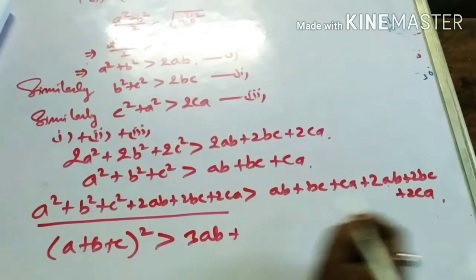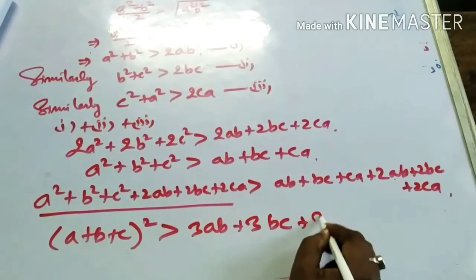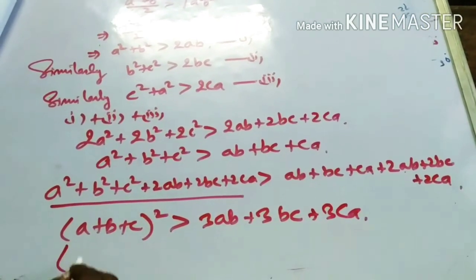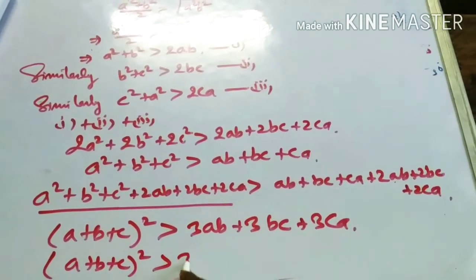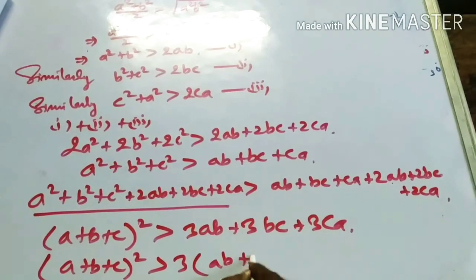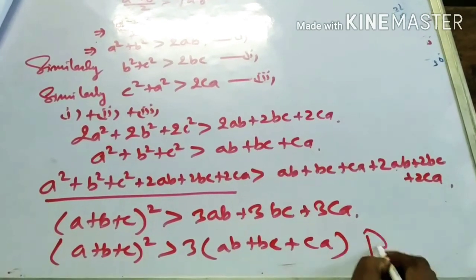Again BC plus 2BC, 3BC. Again CA plus 2CA, 3CA. So I can write (A plus B plus C) the whole square greater than 3(AB plus BC plus CA). Proved.